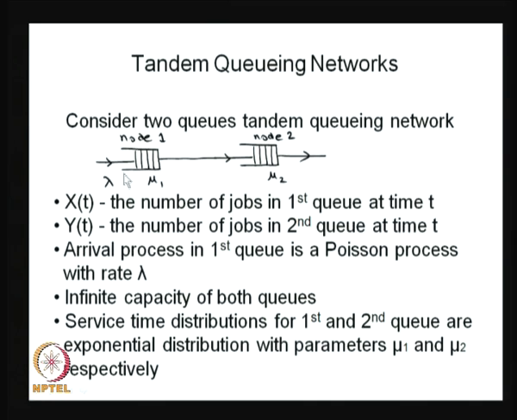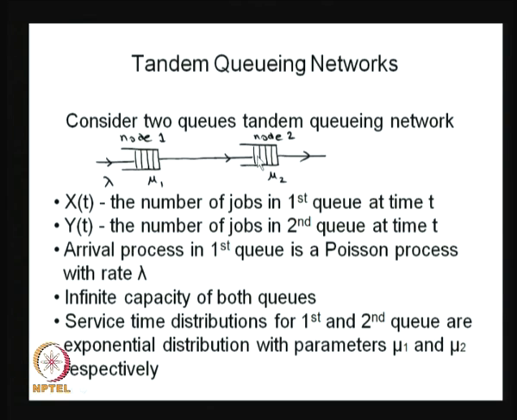Also, you assume infinite capacity in both the nodes, both the queues. That means after the service is over in the first node, the customer will immediately arrive at the second node, and if no customer is in the system at that time, then he will get the service immediately, the service will be started immediately.